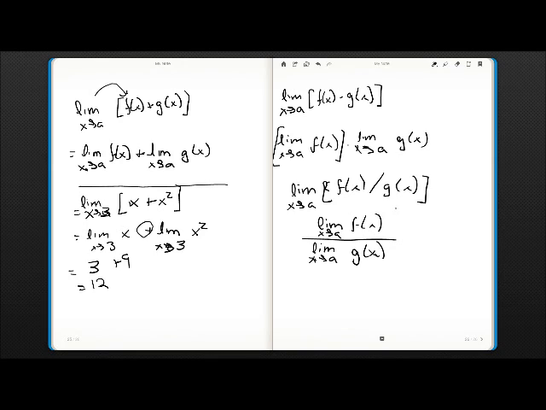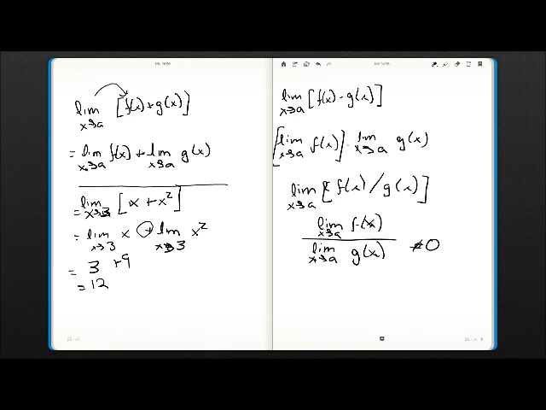But this has to be provided that the limit of g of x does not equal 0, because if it equals 0, then it's not solvable. It's like an asymptote, if you recall. And yeah, these are pretty much the basic properties of limits.